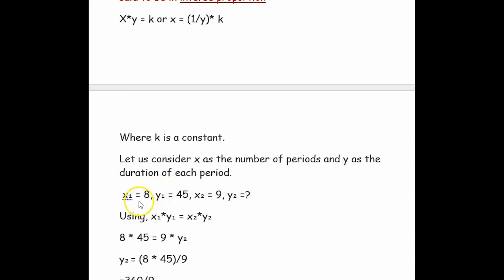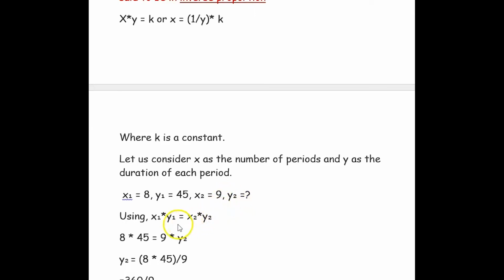If the number of periods is 8, we take x1 as 8, and the corresponding y1 will be 45 minutes. Suppose there are 9 periods, we take x2 as 9. We want to find the time for each period if there are 9 periods, so we take that corresponding value as y2.